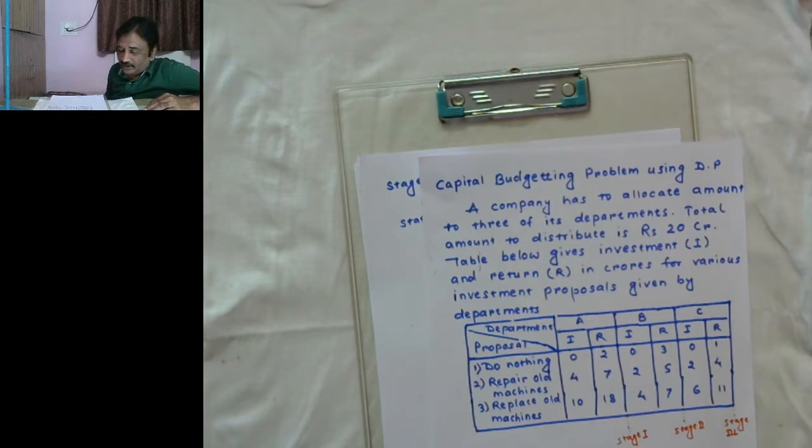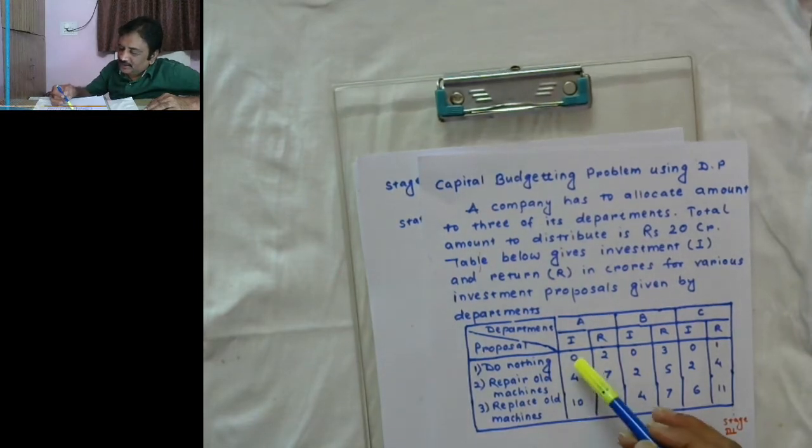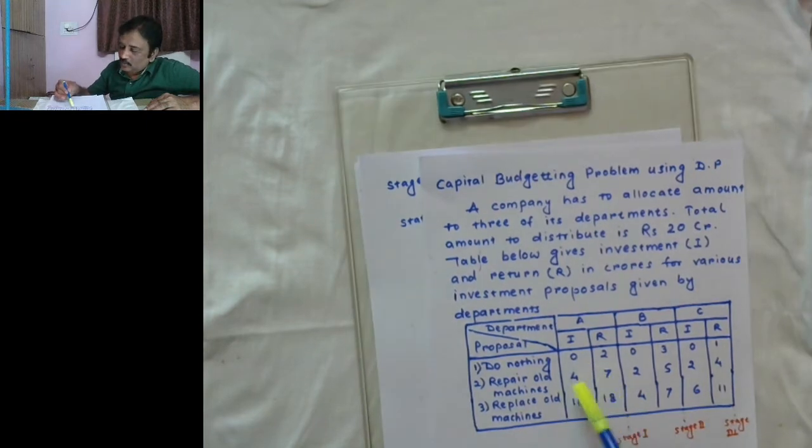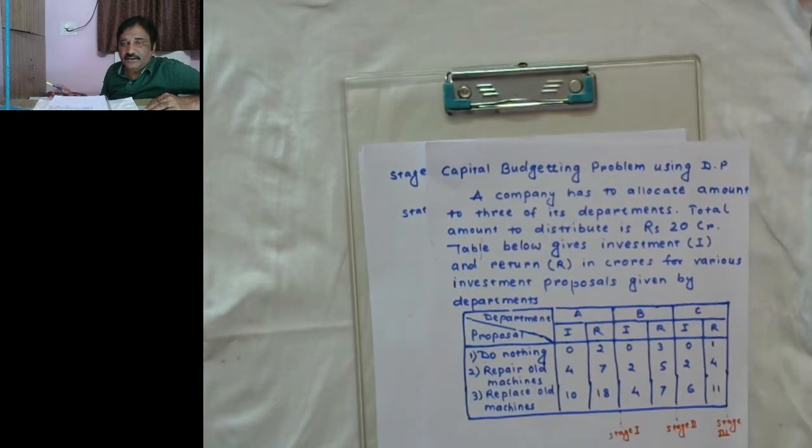Now we have 20 crore rupees, and if we look at all the investment figures, they are 0 crore rupees, 4 crore, 10 crore, 0 crore, 2 crore, 4 crore, 0 crore, 2 crore, 6 crore. So all in all these investment figures are in multiples of 2 crore rupees. So our states will be in multiples of 2 crore rupees.